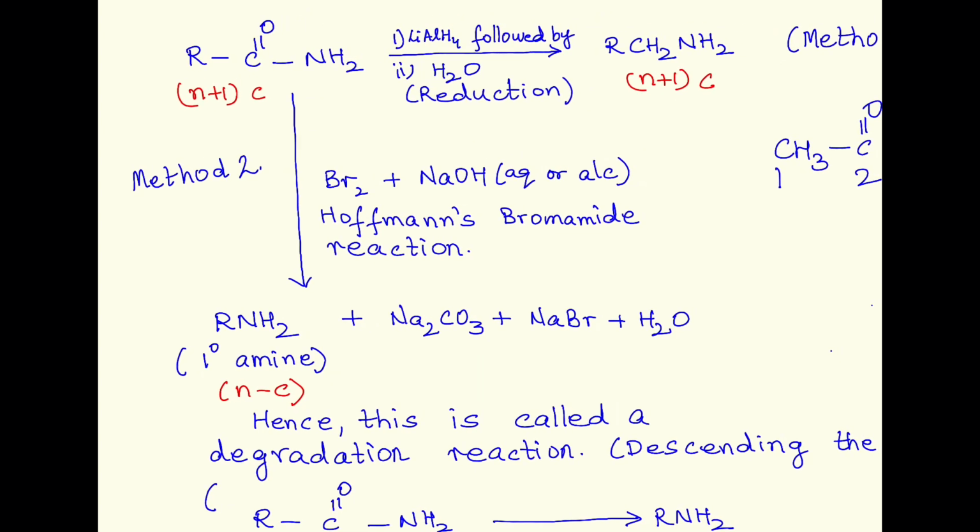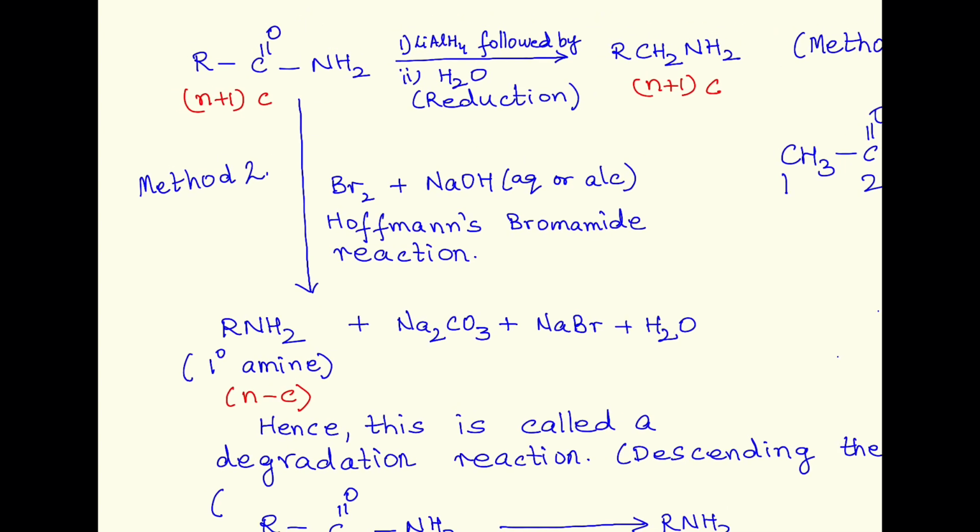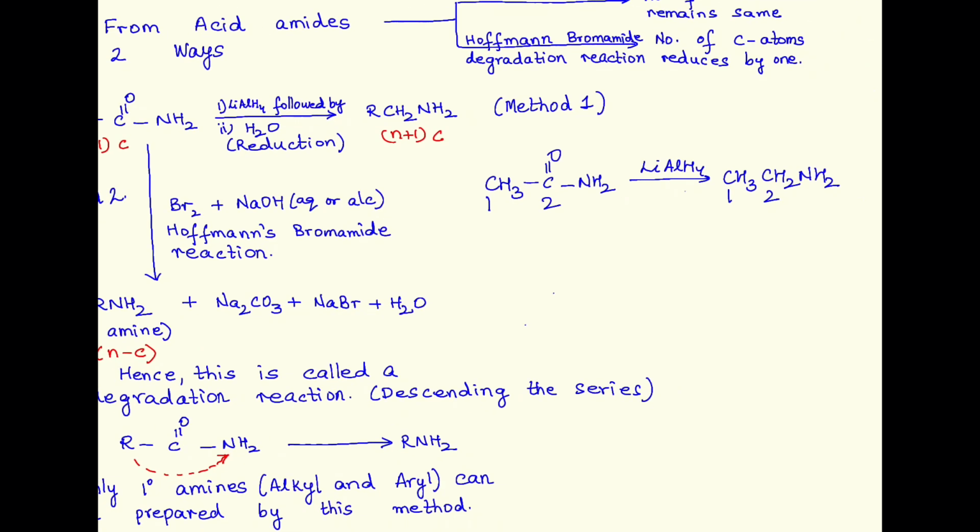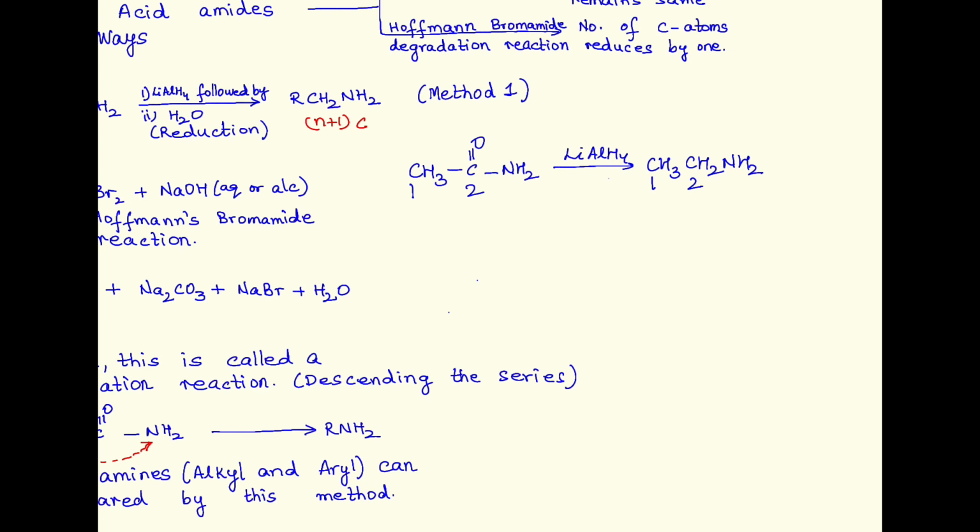Okay, so we need to understand. So let us write the products of this reaction. Looking at this flow diagram, can you write the reaction yourself? And also try to write the reaction when you are taking CH3CONH2, the same compound that you took above, plus bromine plus NaOH in the presence of an alcoholic solution, and we will form, now CH3 moves over here.